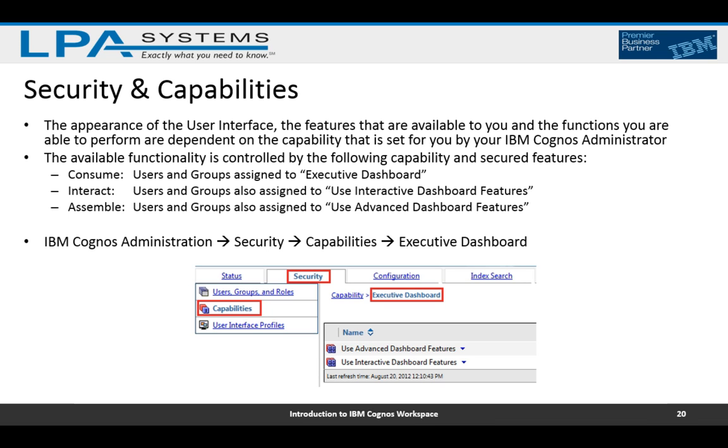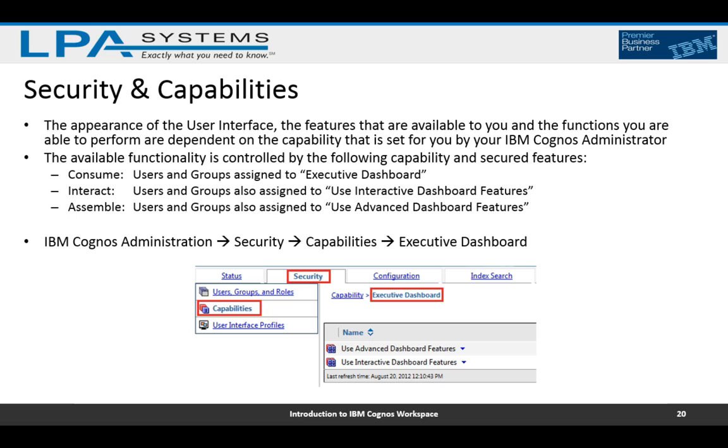The consume level will give users the right to view workspaces. So they're not able to save, add, delete, change colors, anything like that. They can add comments, however, they're not able to make changes to the workspace.